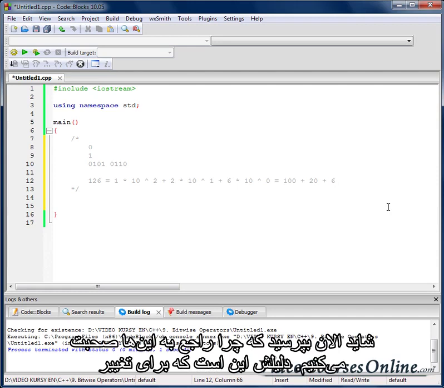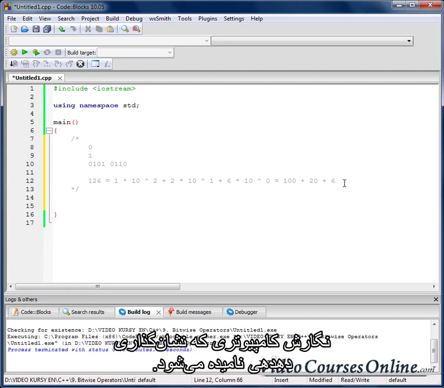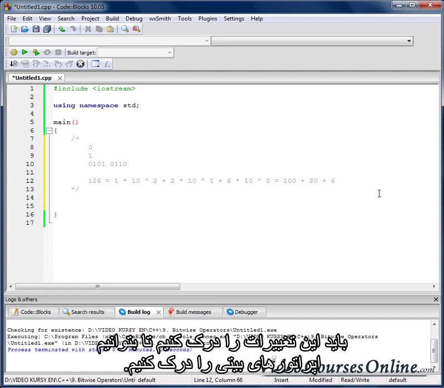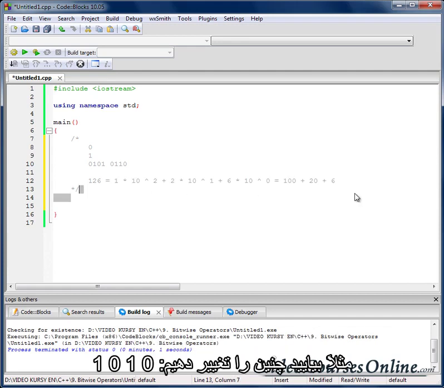Okay, and you might be wondering now, why am I saying this? It's because if you want to convert computer notation, which is called binary notation, we must do the same thing. We need to understand the conversion to understand bitwise operators. For example, let's convert something like 1010.